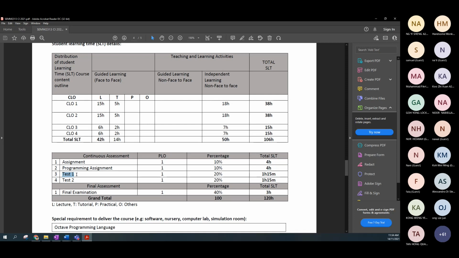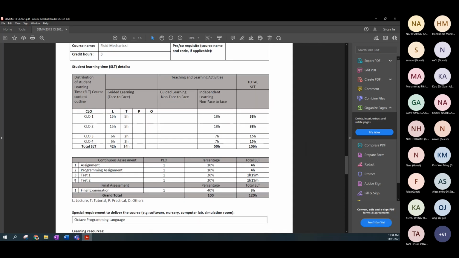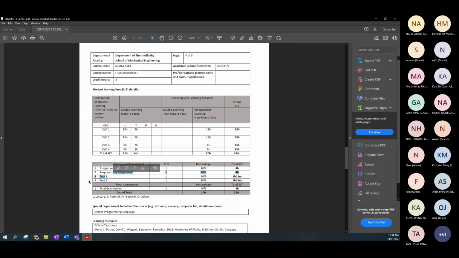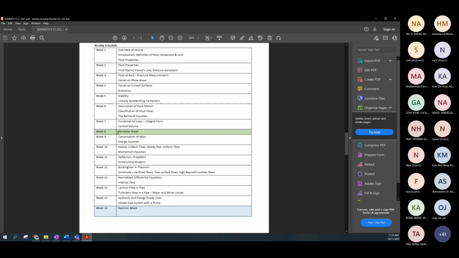It is 1 hour and 15 minutes only. Test 2 is 20%. The final is 40%. I hope you score well in your test 1. So remember after this, Encik Nur Musa will guide you on week 9.